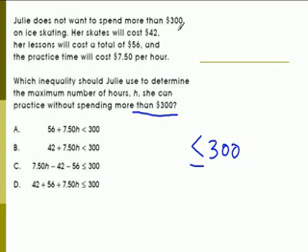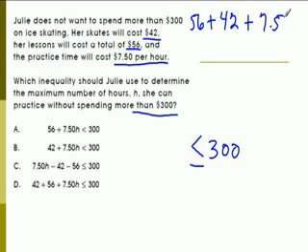So we know that her skates cost $42, her lessons cost $56, and her practice will cost $7.50 an hour. So we have $42 plus $56 plus $7.50 an hour.